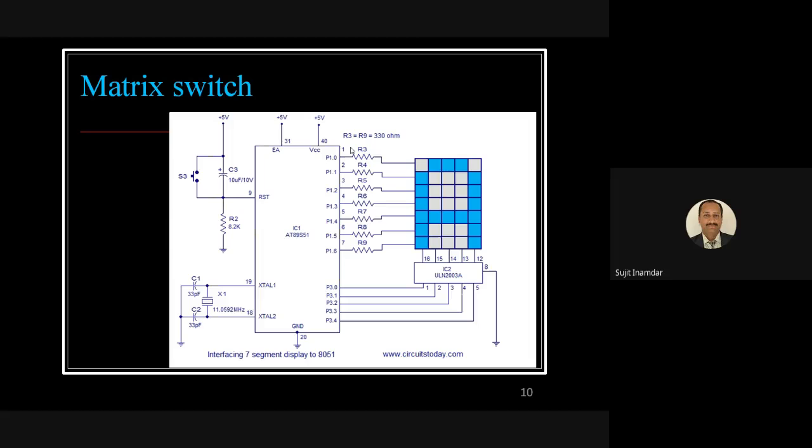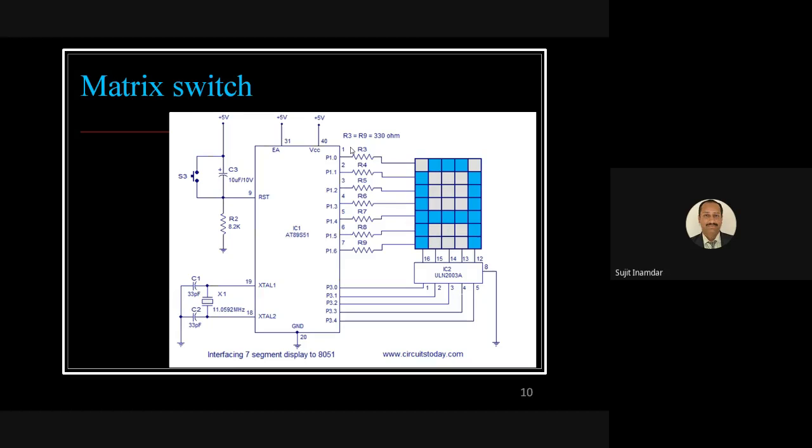This program is used to display the alphabet A. For that, a 7 by 5 matrix switch is used for the display. Matrix switch in terms of a matrix display.